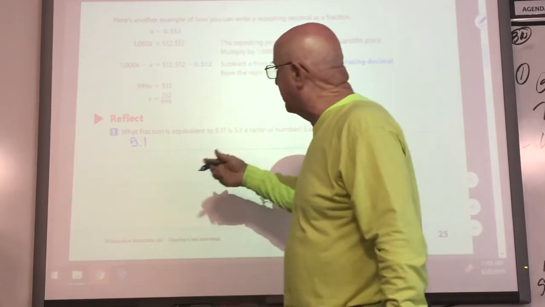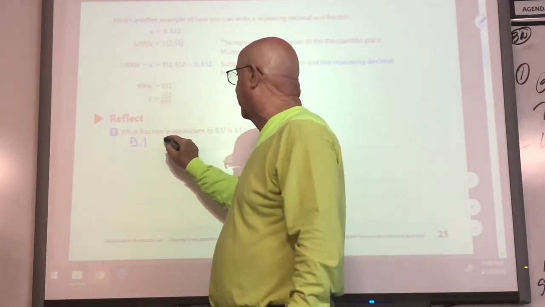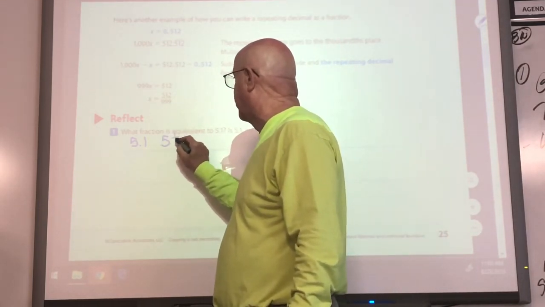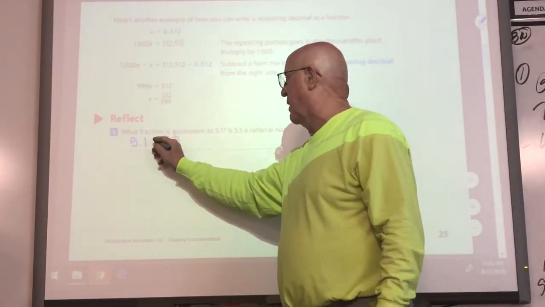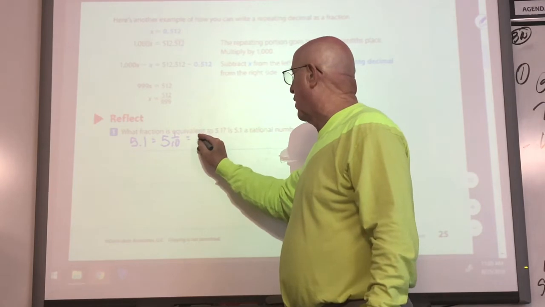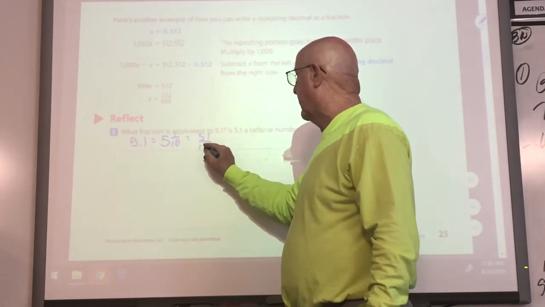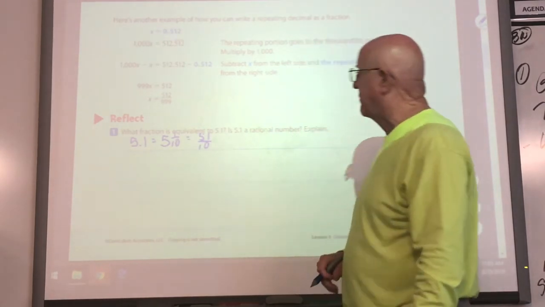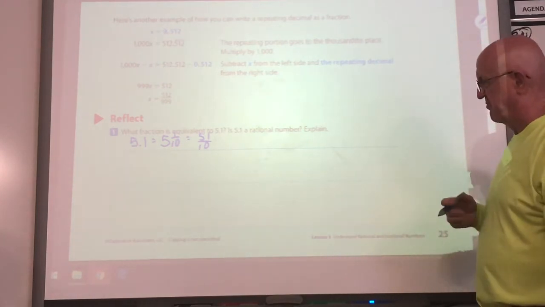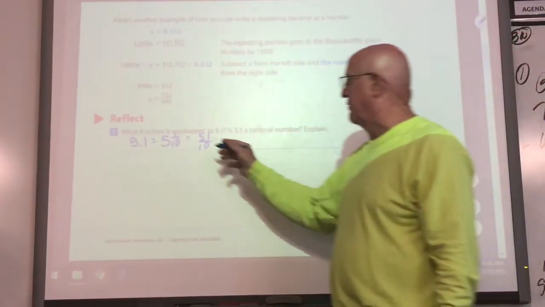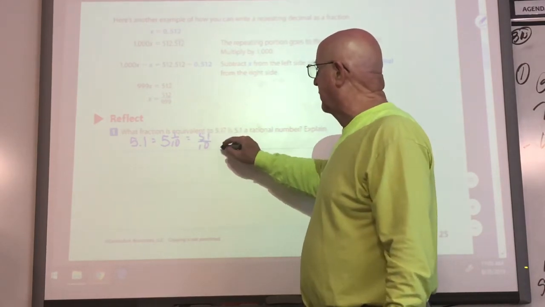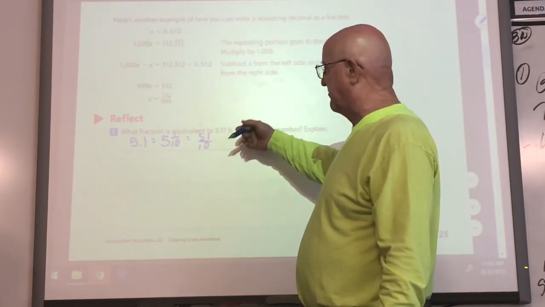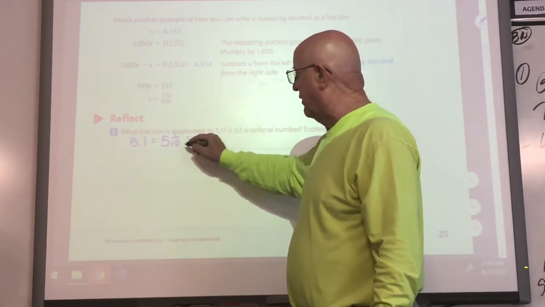We have 5.1, which is 5 1/10. So let's look at that as a mixed number, 5 1/10. 5 1/10 is equivalent to 51 over 10, right? And 5 1/10 leaves you a whole number of 5 and 1/10.